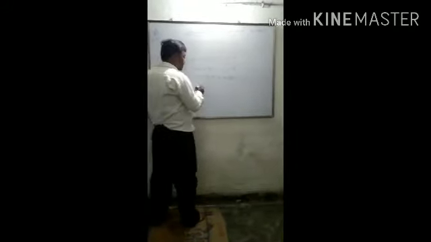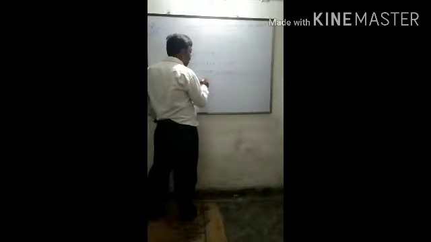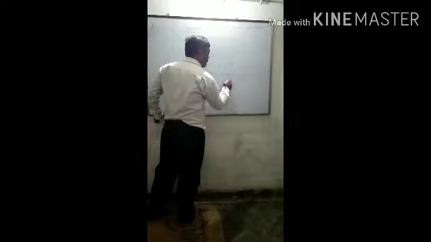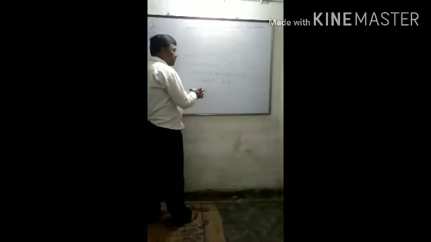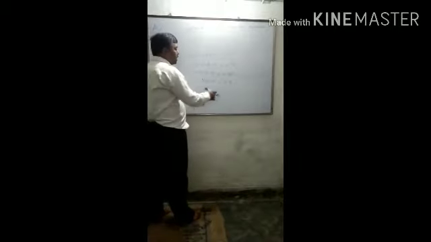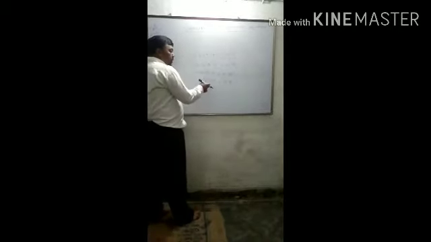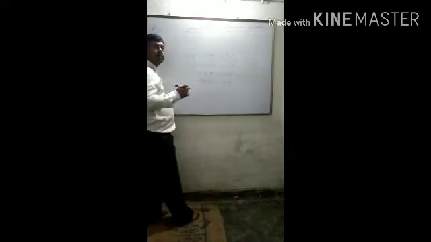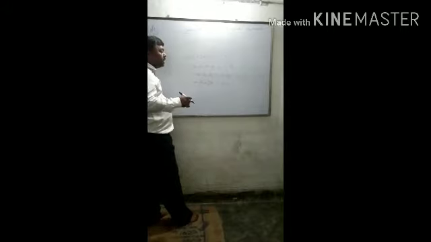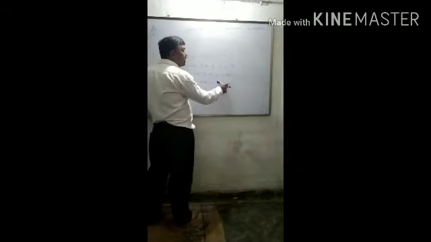Now come to the next point. -16 and plus 24 will be +8, because if two numbers are present with different signs, then first of all we will subtract the smaller one from the greater one and we will use the sign of the greater one in the result.